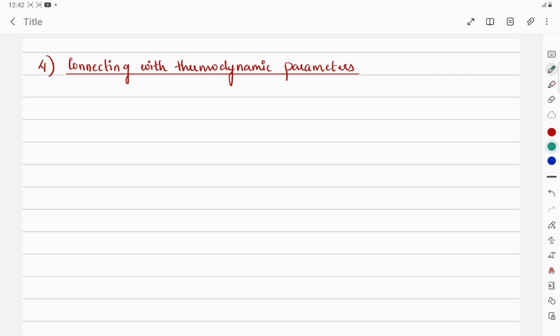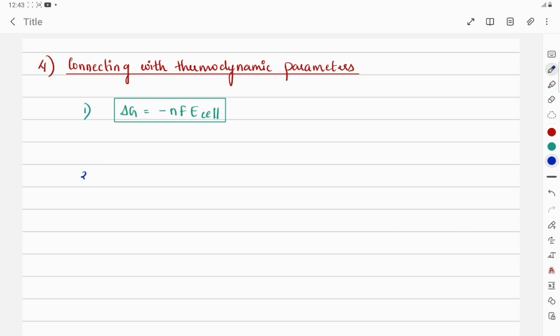So the first thing would be delta G is equal to minus NF E cell. This is the first equation that you have to learn, which connects electrochemistry with thermodynamic parameters. Okay, so we have found for delta G. Now the next two tasks are to find an equation for delta S as well as delta H. So let's try doing that.